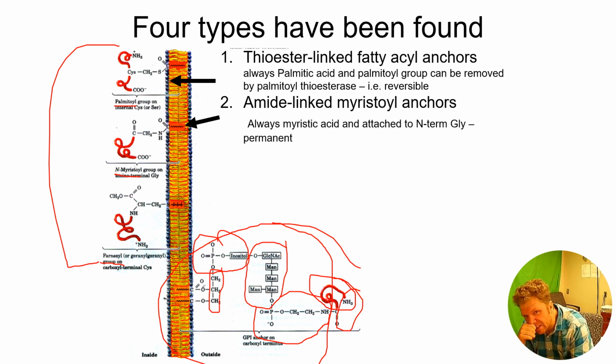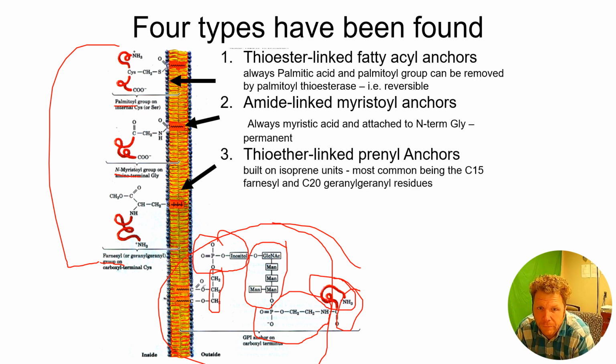So these fatty acyl anchors are going to kind of be hooked up to a protein and just basically stabbed into a membrane, and they stick around there. Thioether-linked prenyl anchors. Remember, our 5-carbon long molecules are isoprenoids, also known as isoprenes or isoprene units. These 15-carbon farnesyl and 20-carbon long geranyl residues are typically added onto cysteine residues.